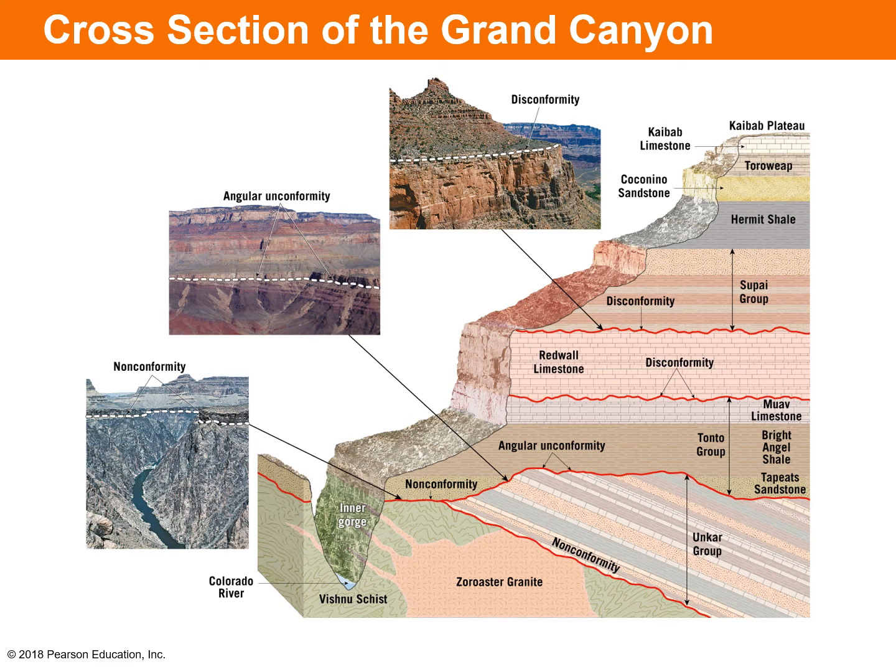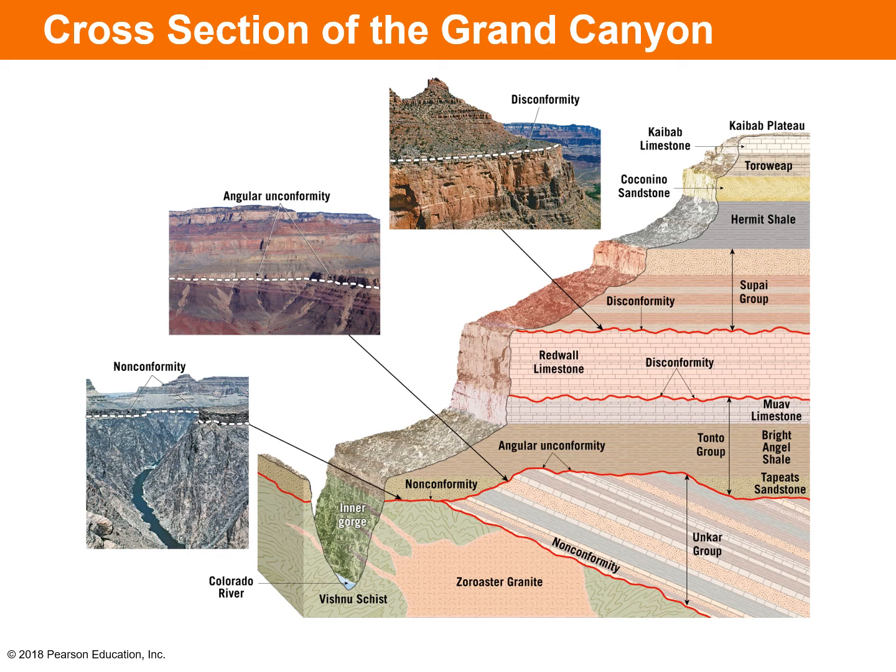And so you have an example of an angular unconformity here because the Unkar group was being eroded for a time, and then you have the principle of original horizontality, dictating that the layers on top of that after the erosion event would be deposited horizontally and parallel to one another.